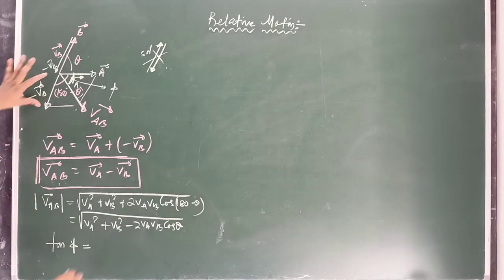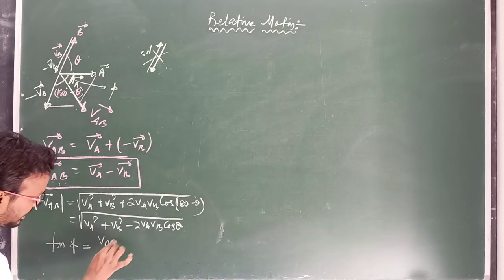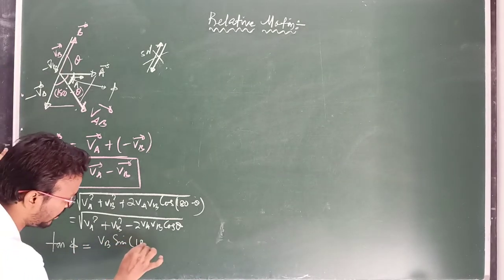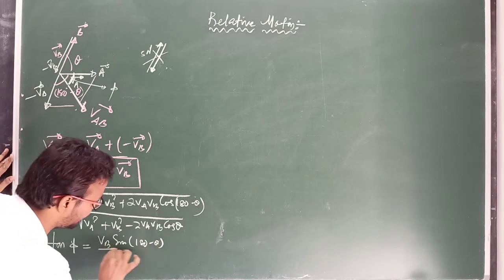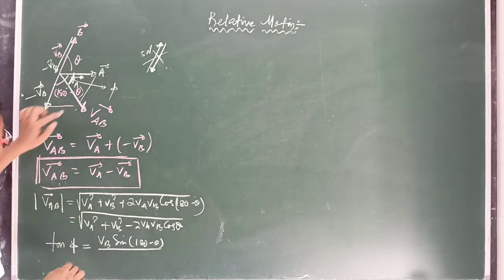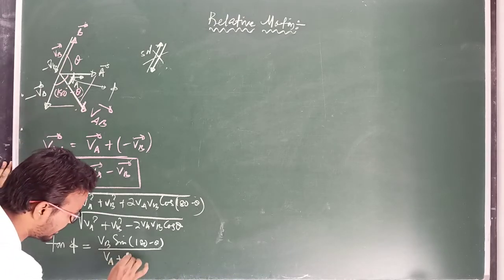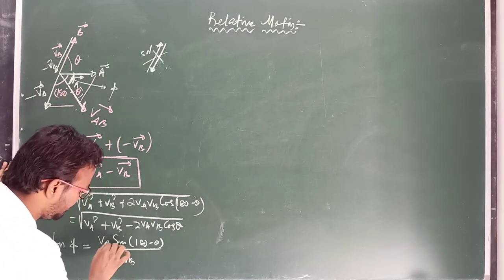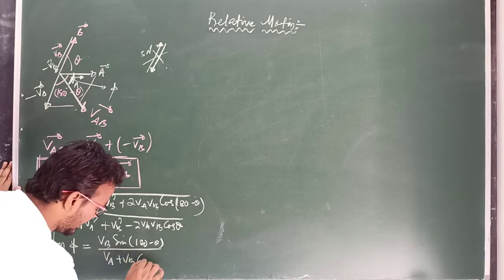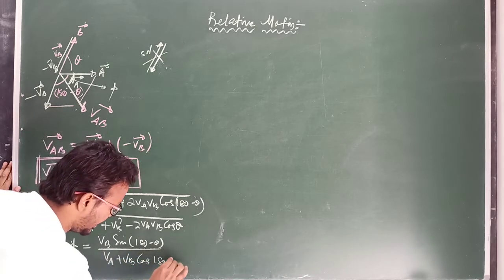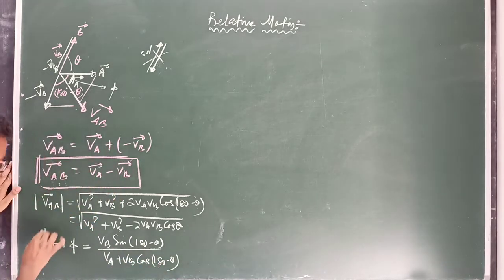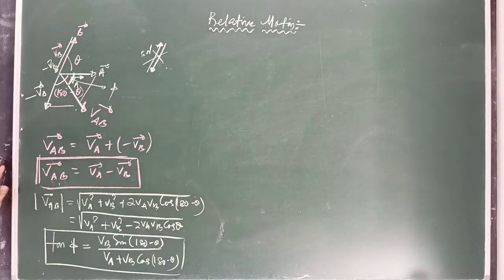Here B is VB, so VB sin of 180 degrees minus theta divided by VA plus VB cos of 180 degrees minus theta. So in this way you can find the direction of the resultant vector.